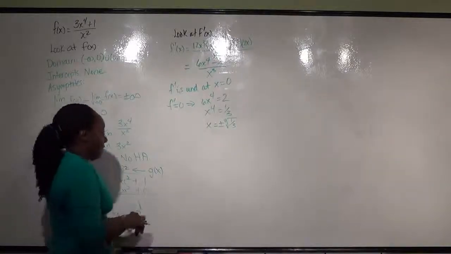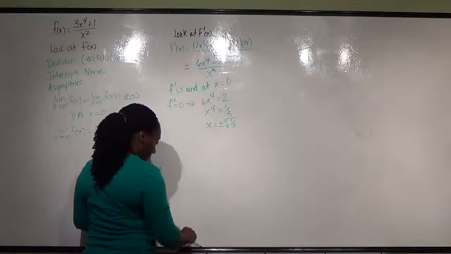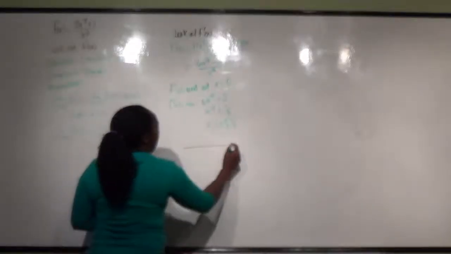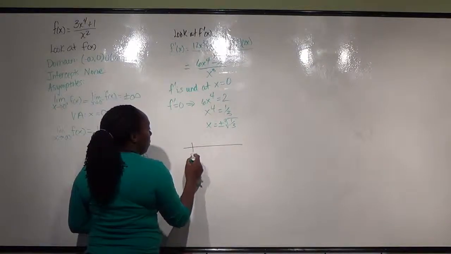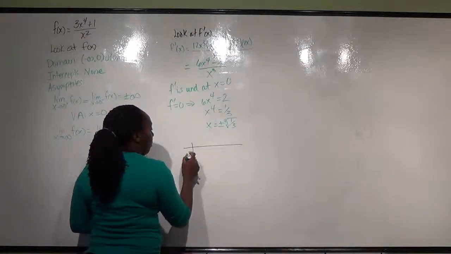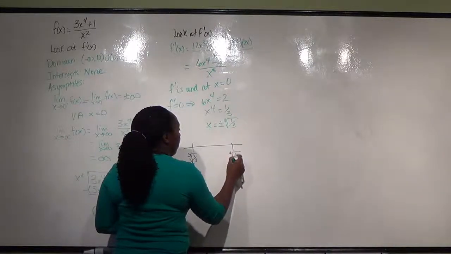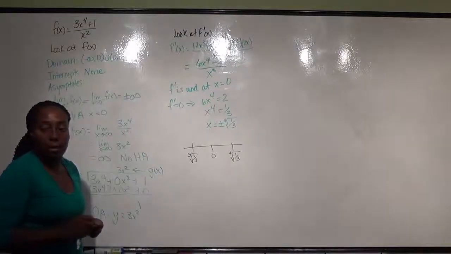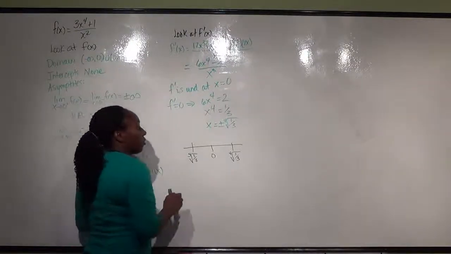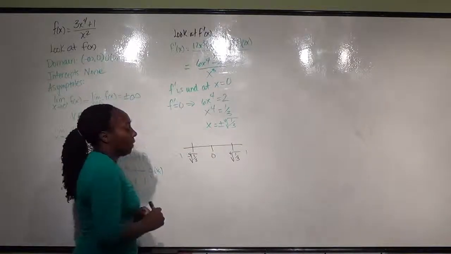Okay. So looking at our number line, we're going to plug these values in there. So there's the negative fourth root of a third, positive fourth root of a third, and 0. And we're going to test something in each region. So 1 and negative 1 are definitely going to be in there.